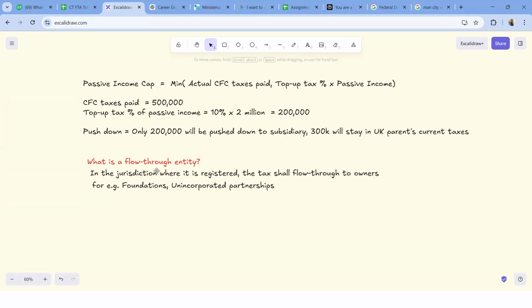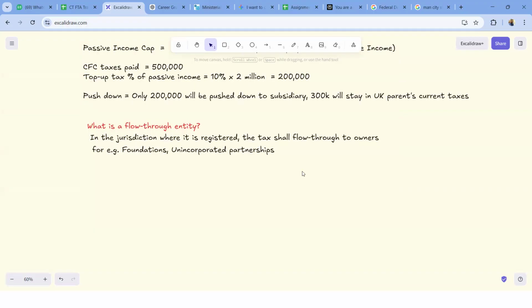So let's say the total income of the flow through entity is 500,000 and it is held by two other companies at 50-50%. So 250,000 would be allocated to each of the two. They have to register and pay the taxes. Okay, now flow through entity is fine.